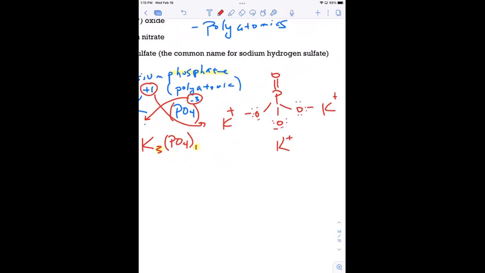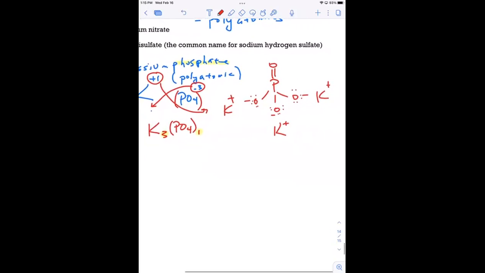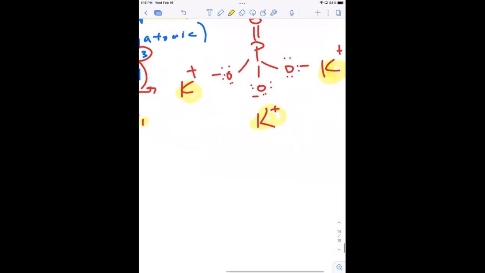Because the compound itself is neutral, right? So K3PO4 means that for every 1 phosphate, there are 3 potassium ions that neutralize it and make it overall neutral. So you'll have a potassium associated with every oxygen, because 3 of the 4 oxygens in here are negative.